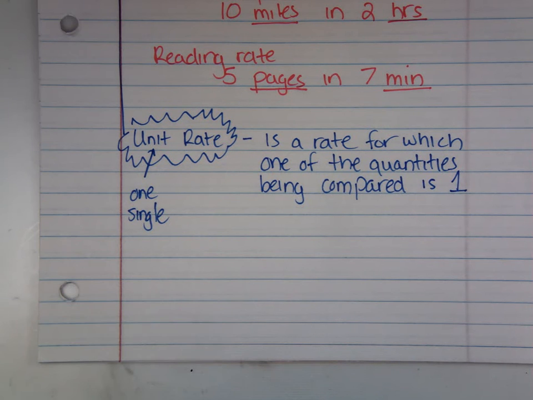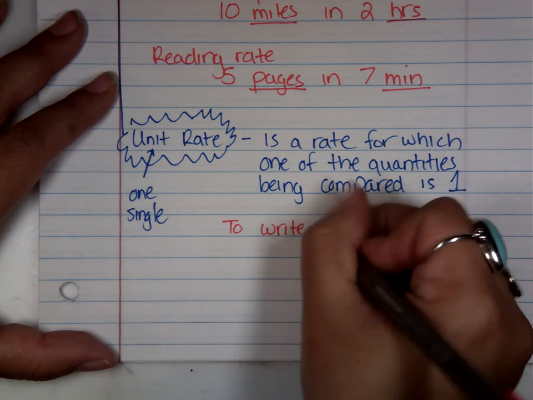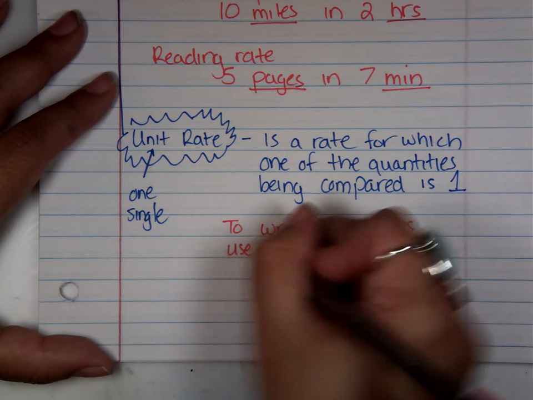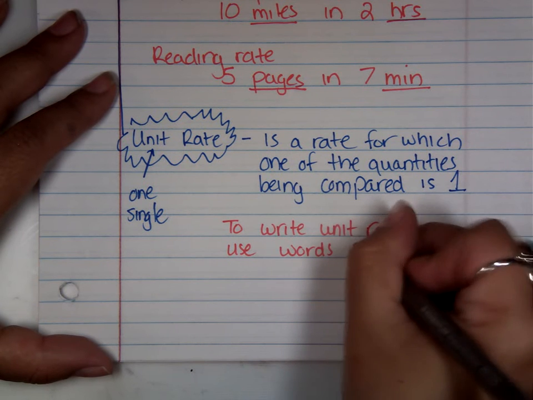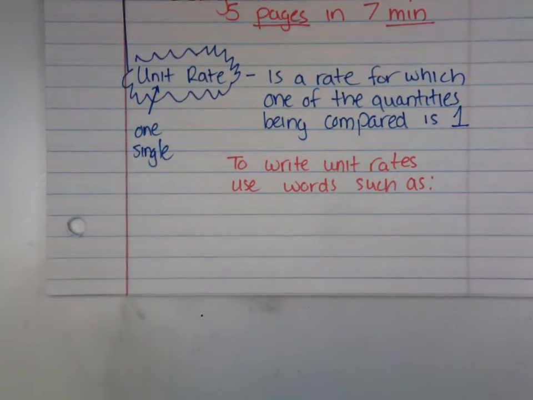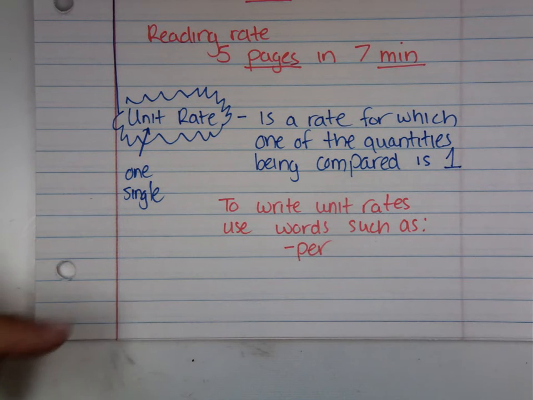Okay? Now, when you see a unit rate, you'll see certain words that are used. To write unit rates, we might see certain words such as per. For example, I went 65 miles per hour.